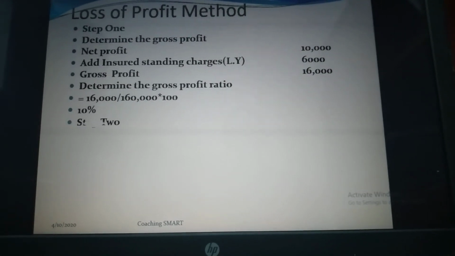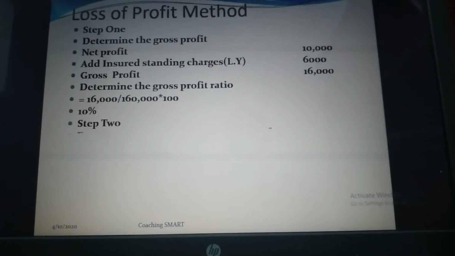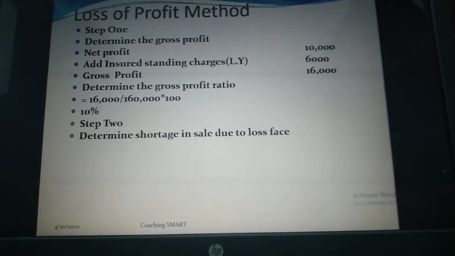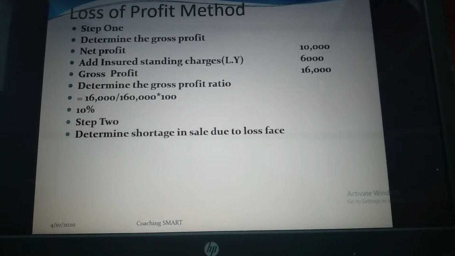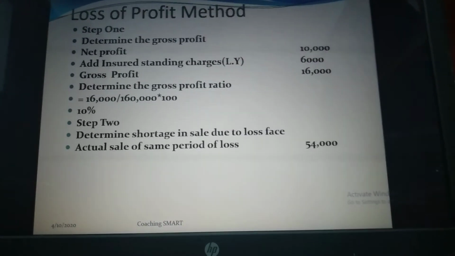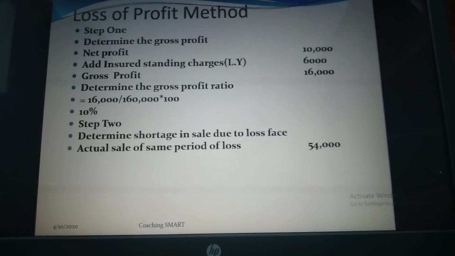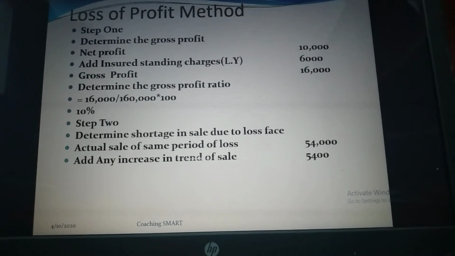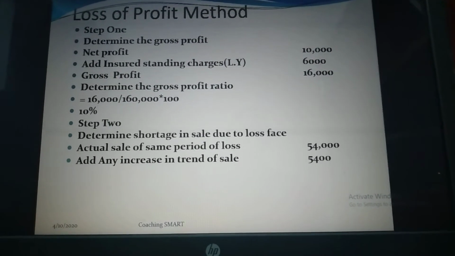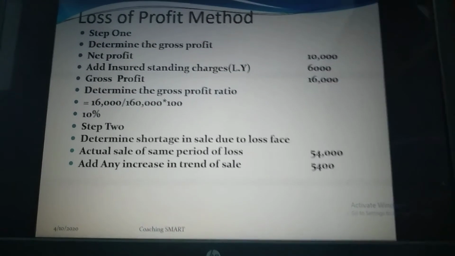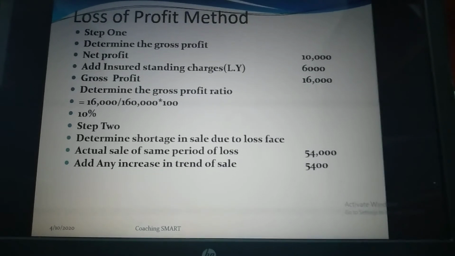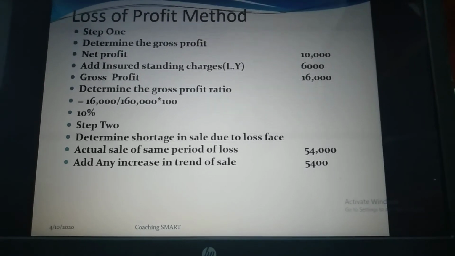Step 3, determine the shortage in sales due to loss faced. How do you get that? Actual sales of the same period was 54,000. Add any increase in trend of sales. Remember the sales for that period is 54,000. The trend is 10%. 10% of 54,000 is 5,400.